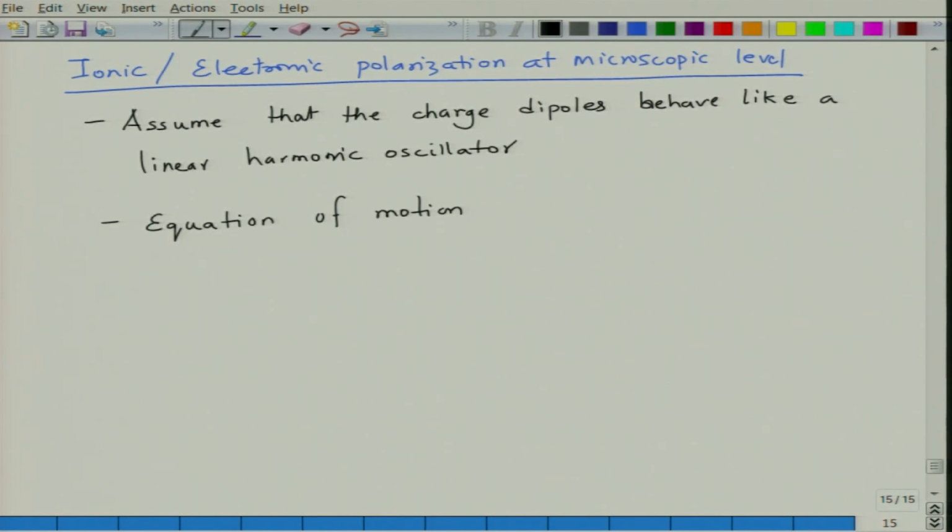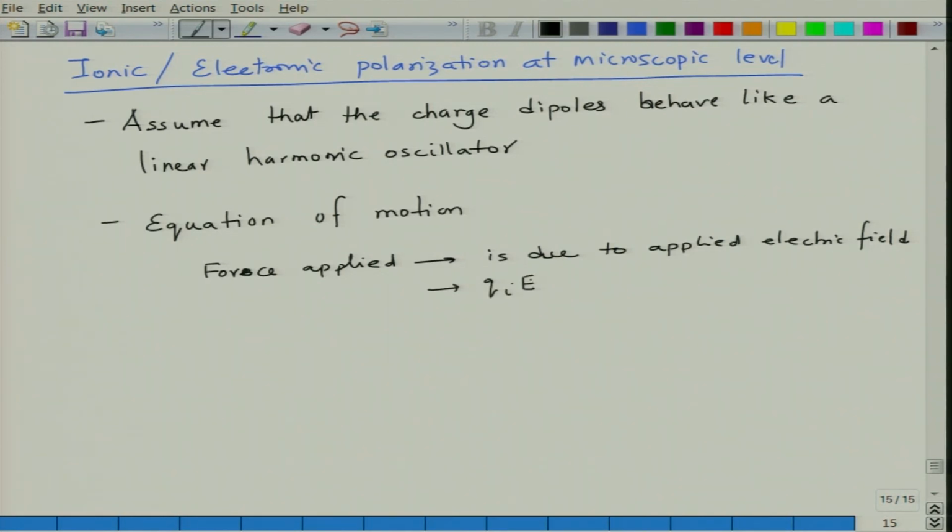Let us say in this case the driving force applied is due to an applied electric field, which is equal to, let us say, QiE. So this F is nothing but QiE.